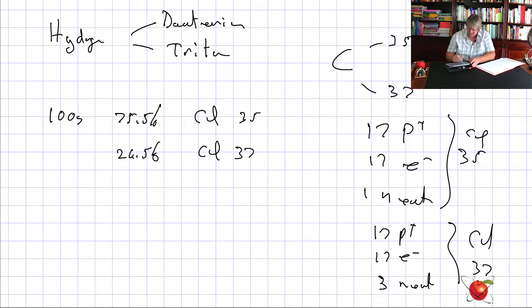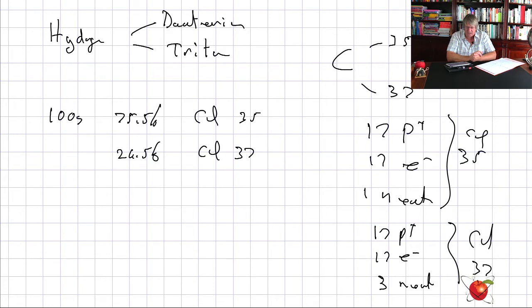So overall, in the sample, 100 grams or whichever way you want to look at it, we've got 75.5 of that, 24.5 of that.